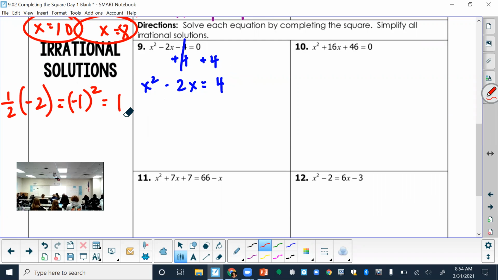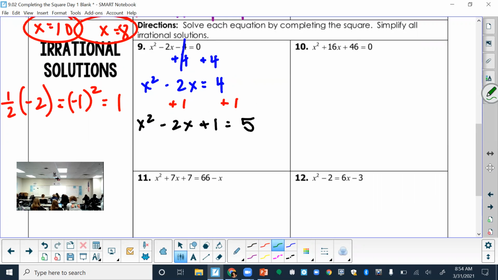A positive 1, right? What do I do with that positive 1 now? We're going to add it to both sides. So that's what it says to do in the instructions. So our new basic trinomial is x squared minus 2x plus 1 equals 5. So 4 plus 1 is 5.